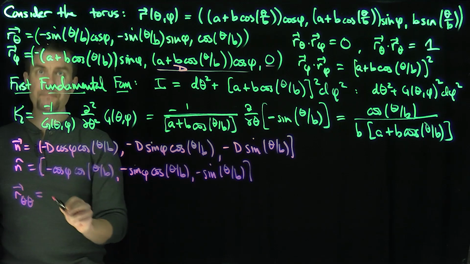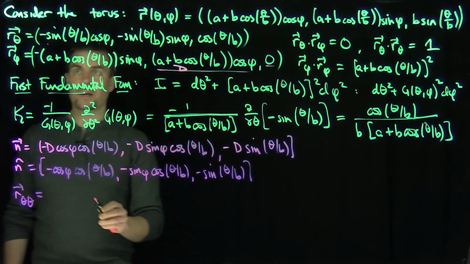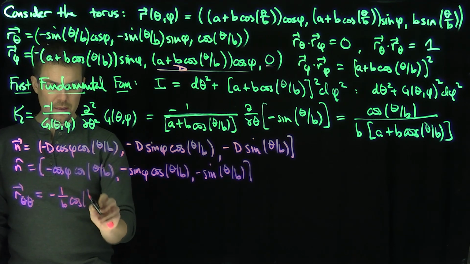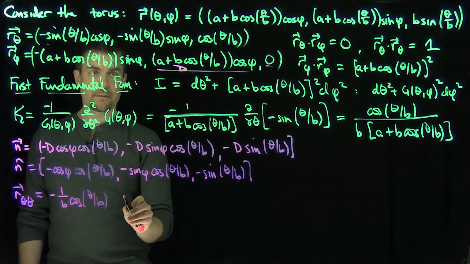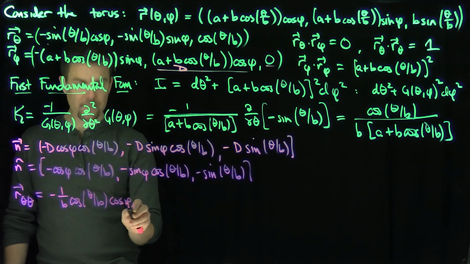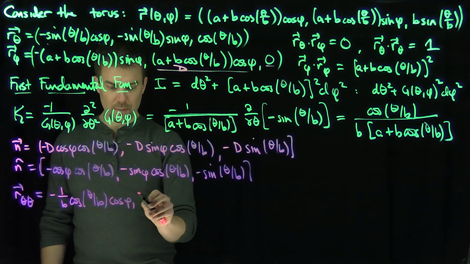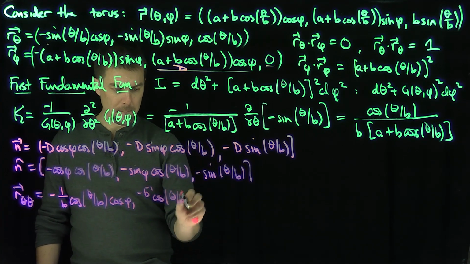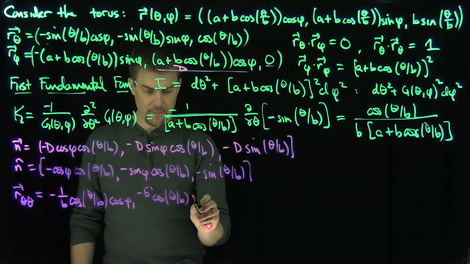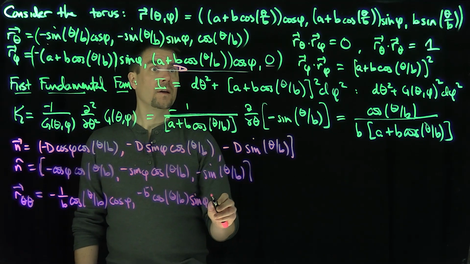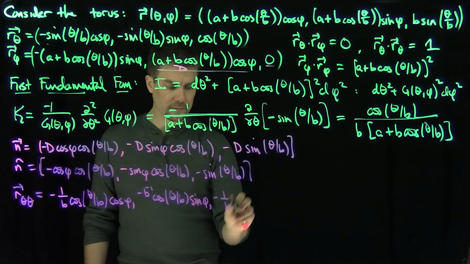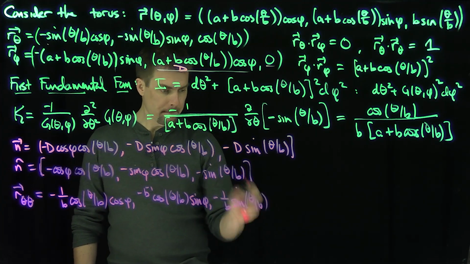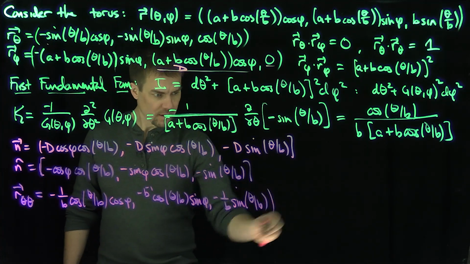It's going to be negative 1 over b cosine theta over b cosine phi, and then negative 1 over b cosine theta over b sine phi, and then a negative 1 over b sine of theta over b, like that. Great. It's my r theta theta.